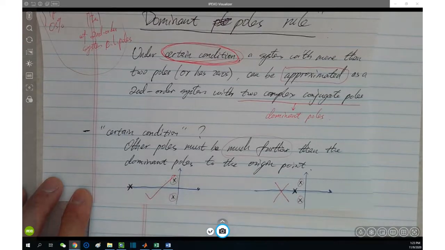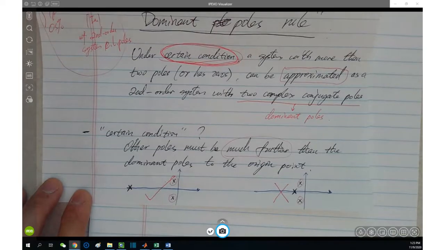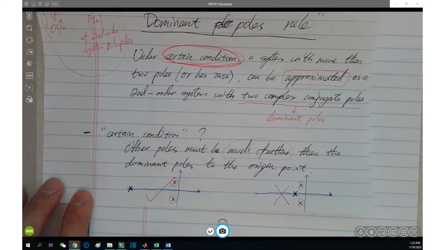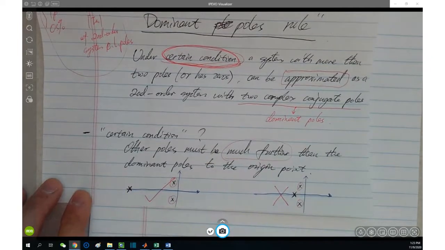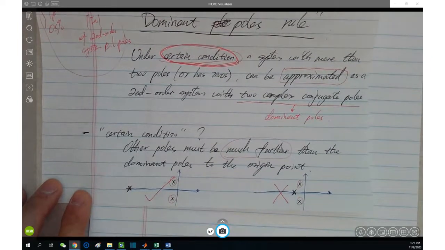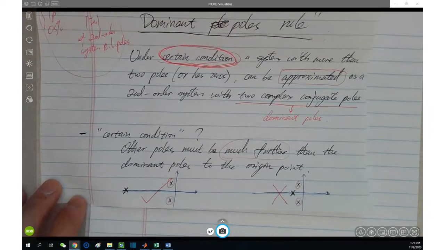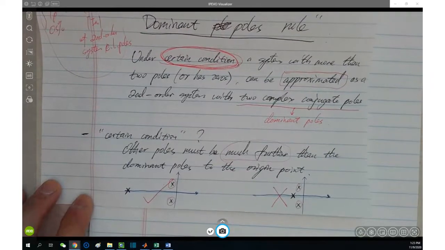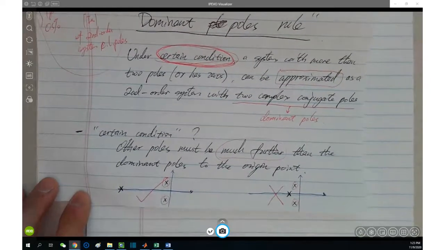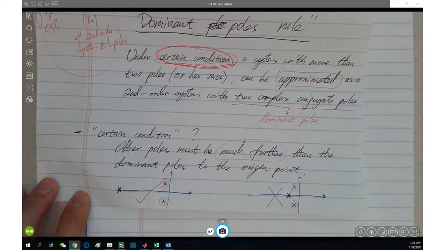Compare these two. Are they close enough or not? If they're close, the dominant pole method works. If they're far away from each other, then you can't do the approximation. It's not very tricky. You just do a comparison. Does it make sense?